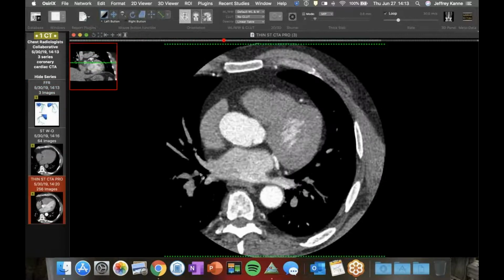Can I make a quick comment? Absolutely. So we do this quite frequently, and you have to be very careful about assessing these results because the FFR numbers are only valid across the stenosis. So you're not supposed to read a distal vessel, because you're always going to get a trail off of FFR. Correct. But in that lesion there was nothing to cause that drop.